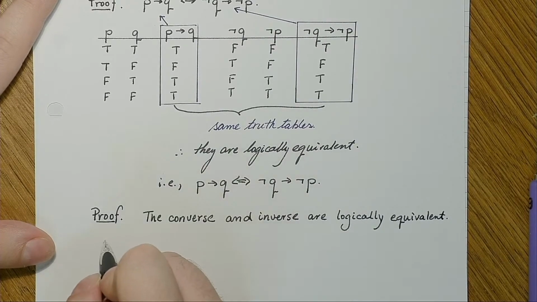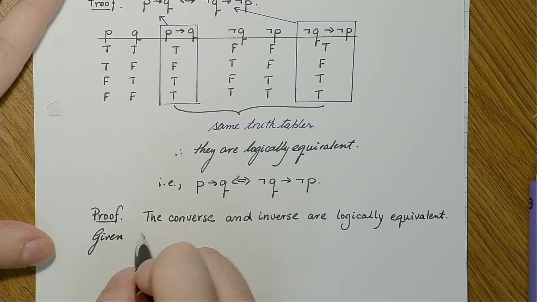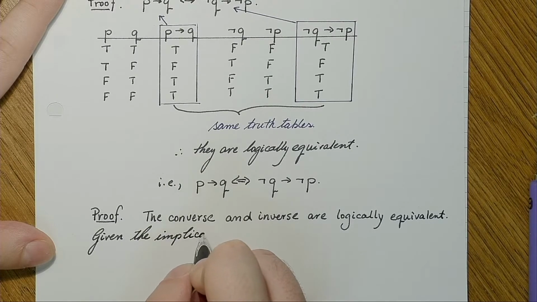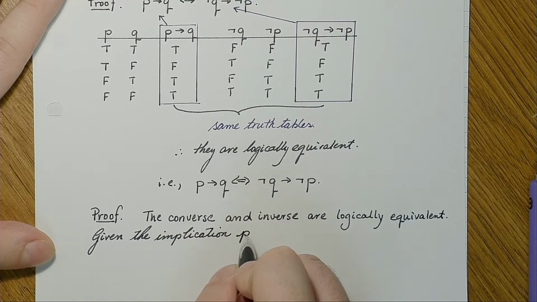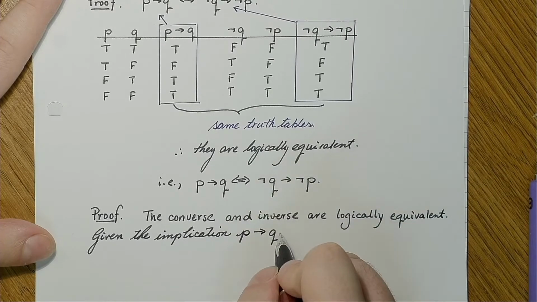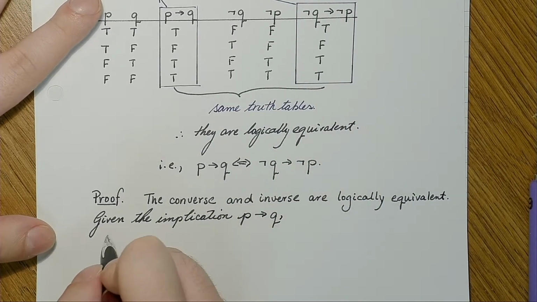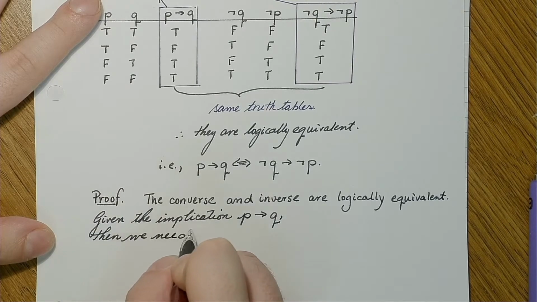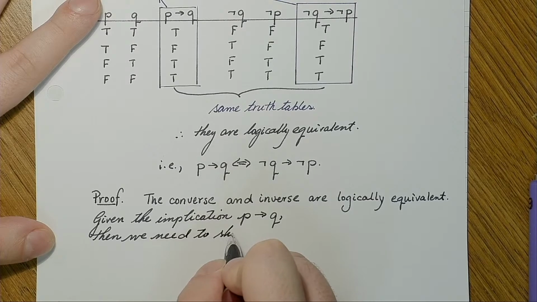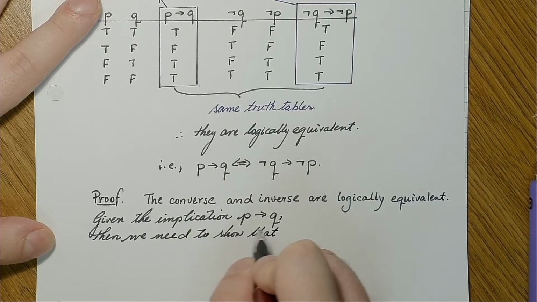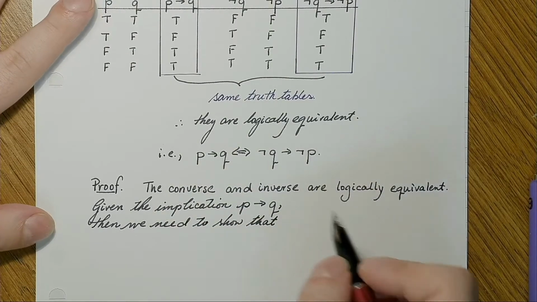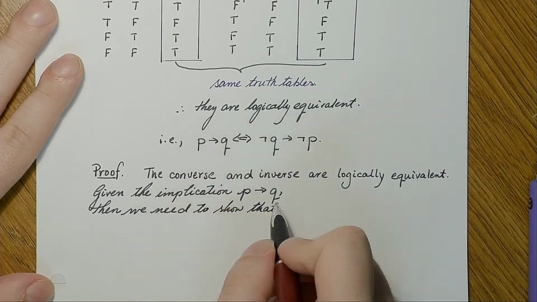So then the proof would be something like, we have to state our assumption. So given the implication, P implies Q, then we need to show that the converse and inverse are logically equivalent. So I need to specify my implication.